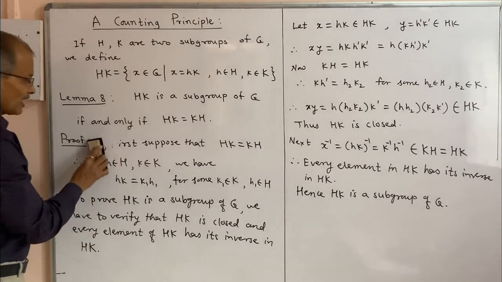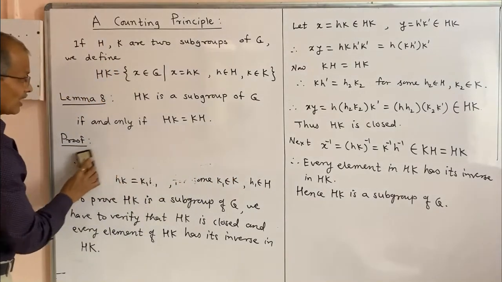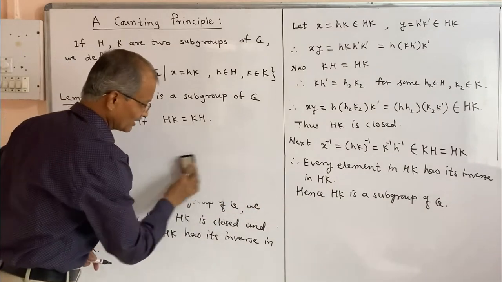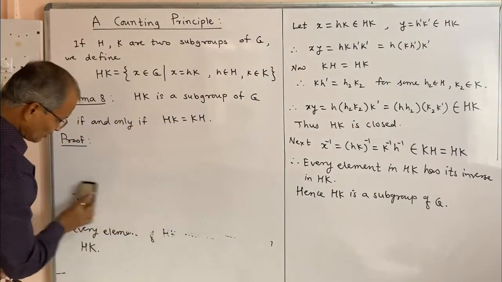Now the converse part, or second part: we shall assume hk is a subgroup of G, and then we shall prove hk is equal to kh.